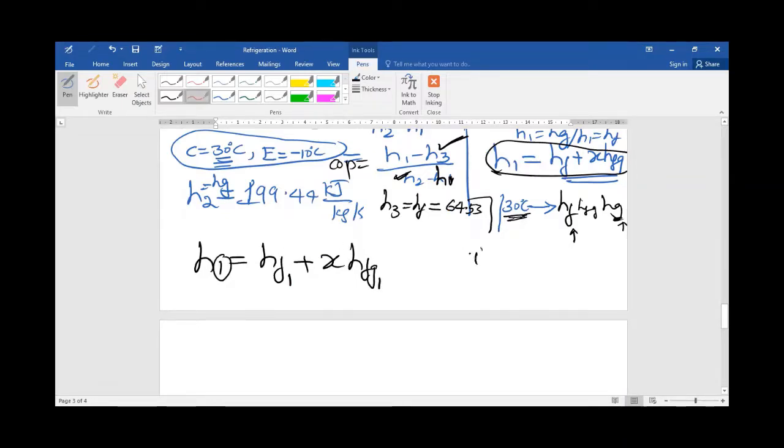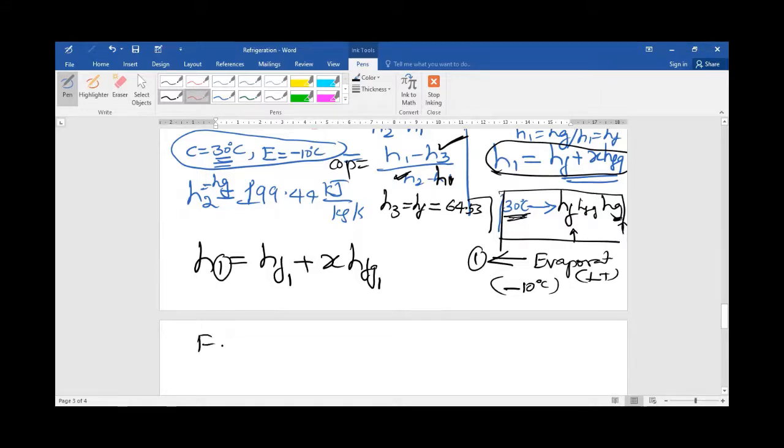Point number 1 is related to the evaporator, because it is at low temperature. Evaporator temperature is minus 10 degrees Celsius. In the same thermodynamic data handbook for Freon 12, in the first column at minus 10 degrees Celsius, note down the value of HF.